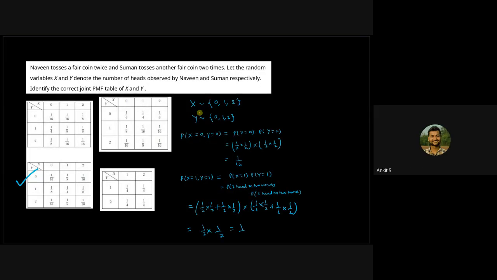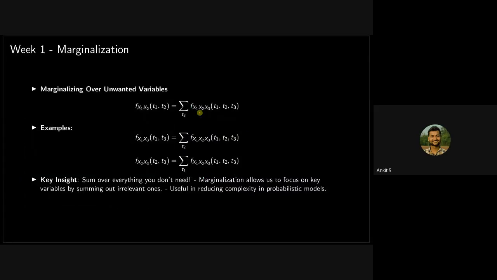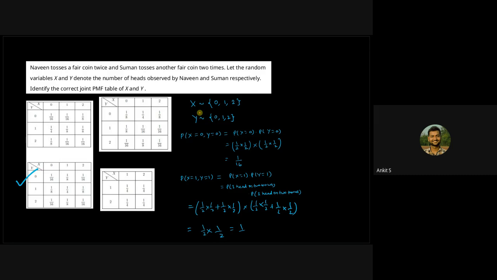So that was all about week one. Very simple week. We have some questions. Naveen tosses a fair coin twice, and Suman tosses another fair coin two times. Both of them are tossing two coins two times.